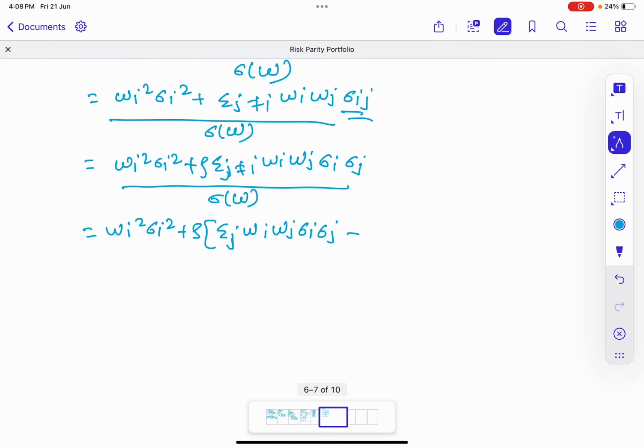So we have to subtract the j equal to i case. We are subtracting that case because this now includes all j, and we shouldn't have included it. So once we have included it, we have to subtract the extra term that we added.